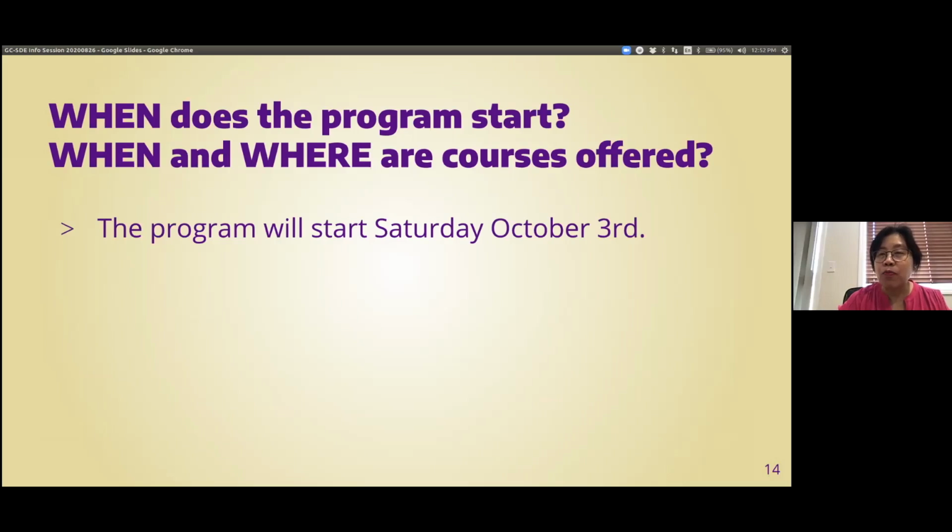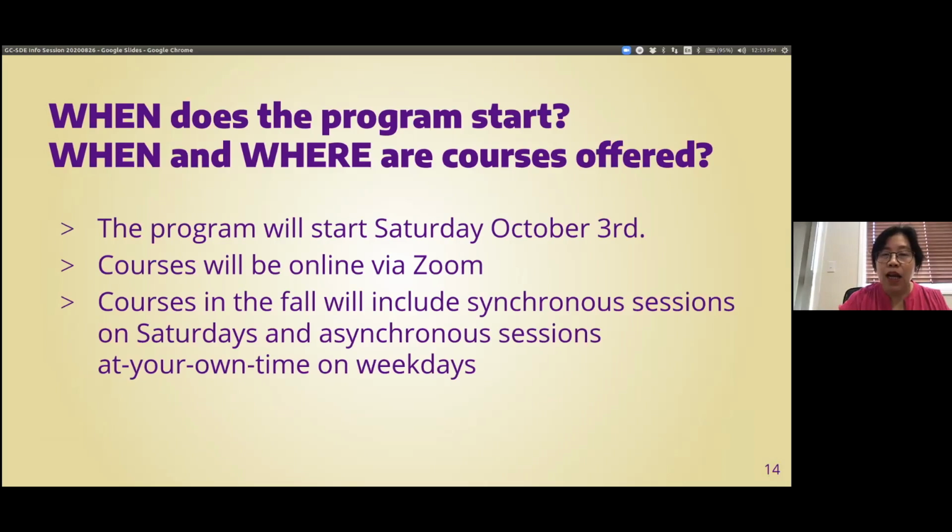So the program will start on Saturday, October 3rd, 2020. And this is the first day of the autumn quarter at University of Washington. The courses will be offered remotely via Zoom for this year. And the courses in autumn will include both synchronous sessions on Saturdays and asynchronous sessions at your own time on weekdays.